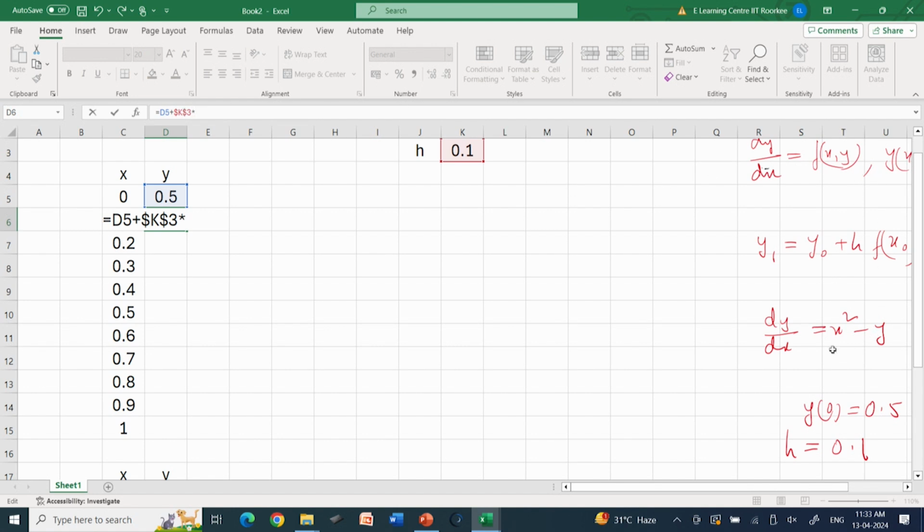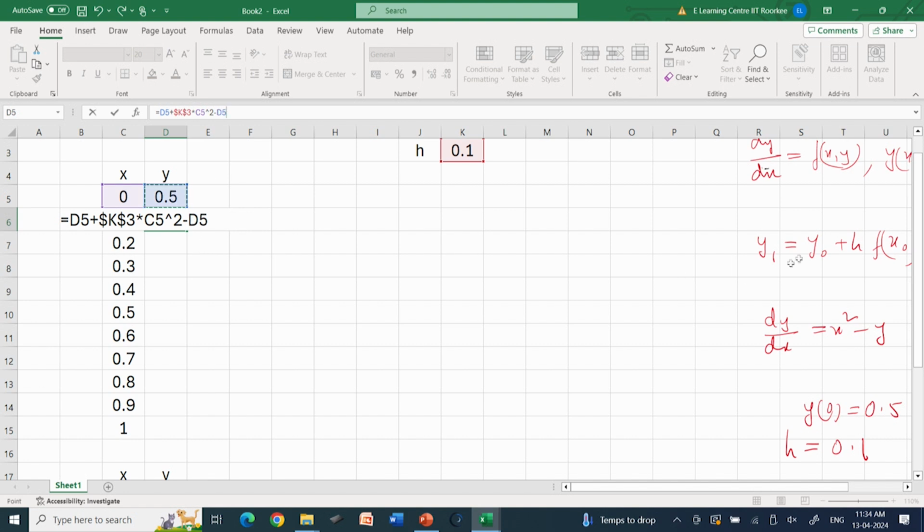So, f x0 means this is x square 0, so this is your f xy, as you can see from here. If I compare this, f xy is x square minus y. So, this becomes x0 square minus y0. So, this is my x0 square minus y0, and my formula is complete.